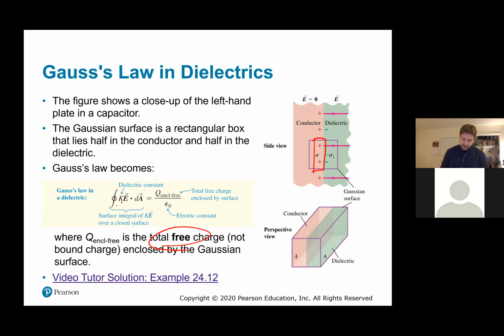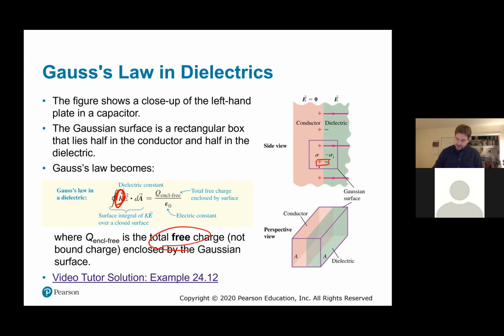But if we're evaluating the flux through this surface, we do need to keep track of the dielectric constant. And the electric field is reduced because the dielectric constant accounts for the fact that these are not free charges.